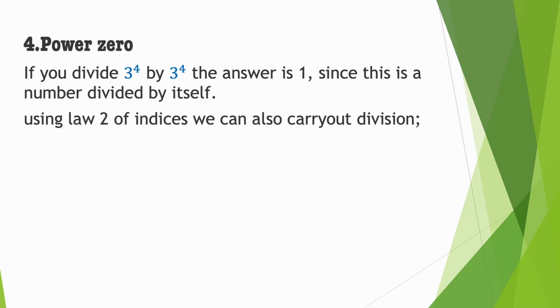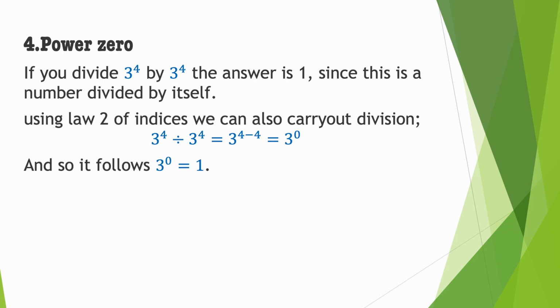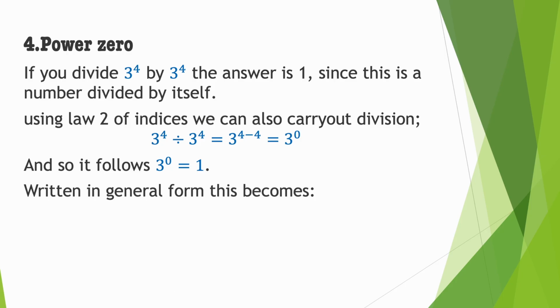We can also carry out the division as 3 to power 4 divided by 3 to power 4, subtract the powers, and it gives us 3 to power 0. Therefore, 3 to power 0 is actually 1. In general form, any number to power 0, a to power 0, is 1. So any number to power 0 is 1.